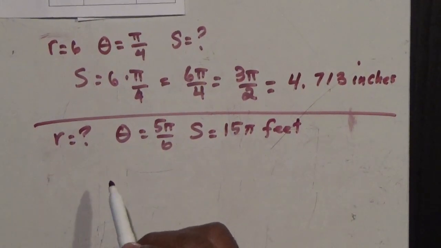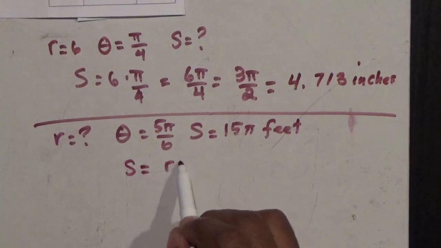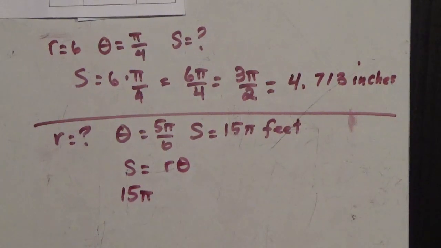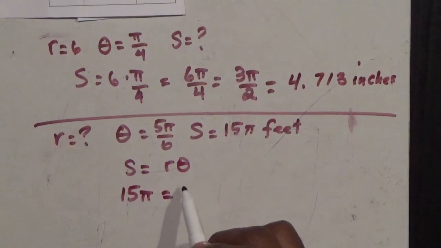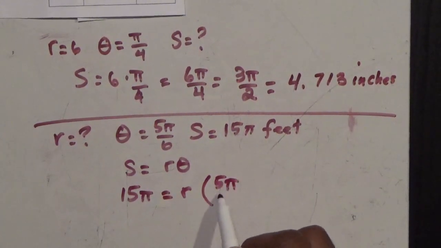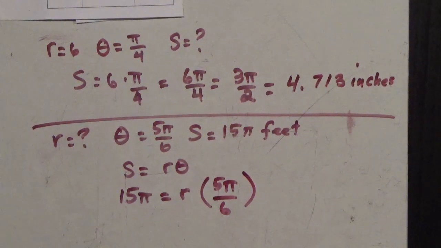Once again, we're looking for R, and in this case, S is equal to R theta. So we can go 15 pi is equal to R, we don't know, times 5 pi over 6. And we're just solving for R.